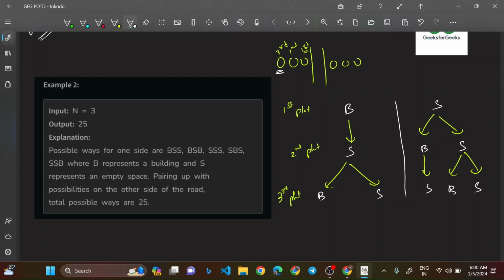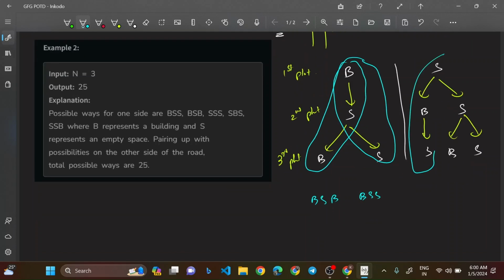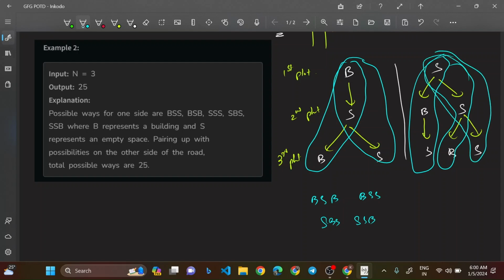So what are the total combinations that you have got? This one is one combination, BSB. Another one is BSS. Another combination is SBS, and SSB is another combination, and SSS.